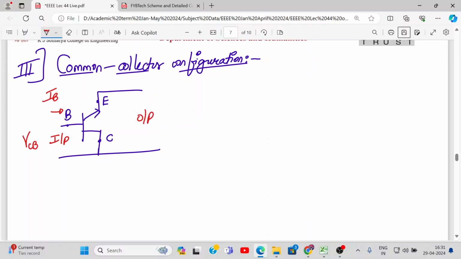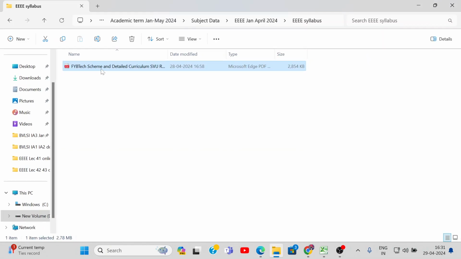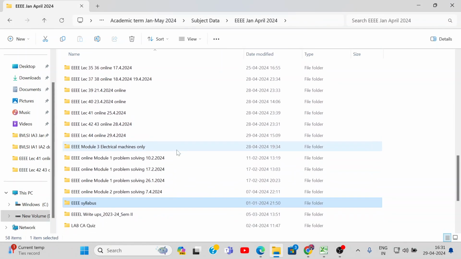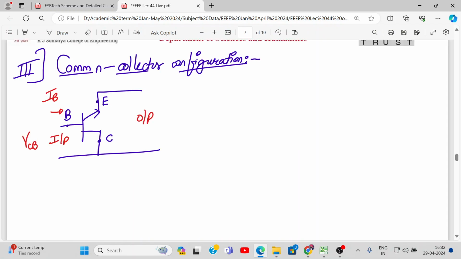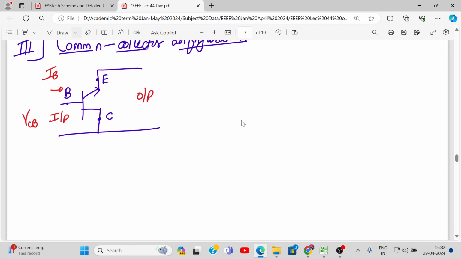Let me open this PDF again. I have saved it. It's taking some time to open, because a lot of information has been written in this PDF. So here, for the input characteristics, the input current is IB and the input voltage is VCB.